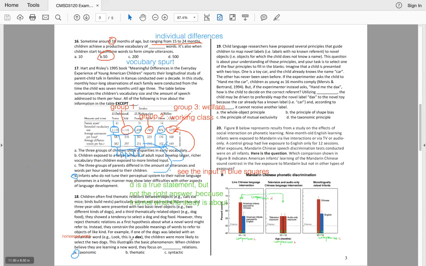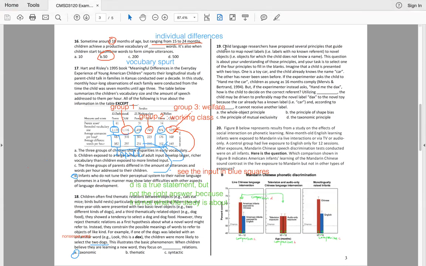Because the two dogs here are the same type, they belong to the same taxonomy. So in this case, the children are focusing on the taxonomic relations, not the thematic relations. Answer is A.